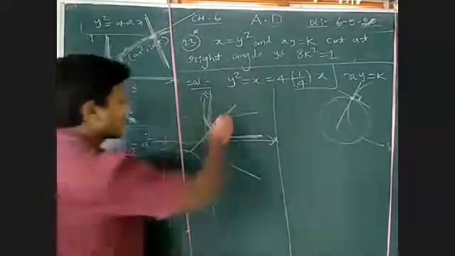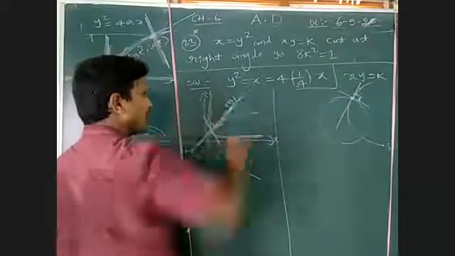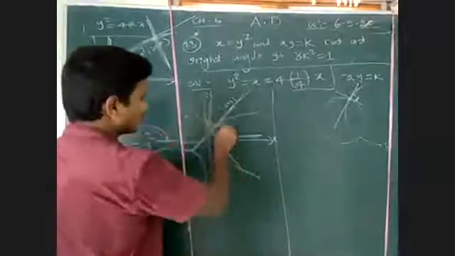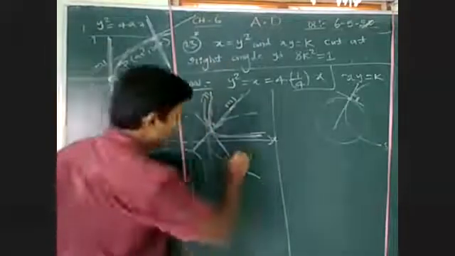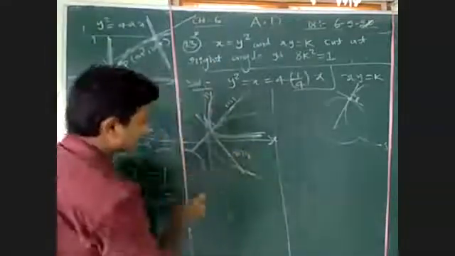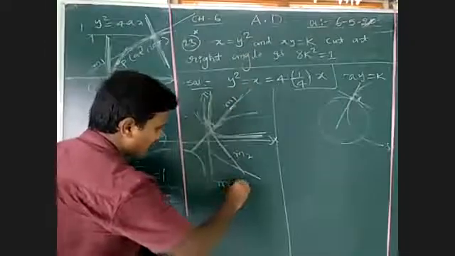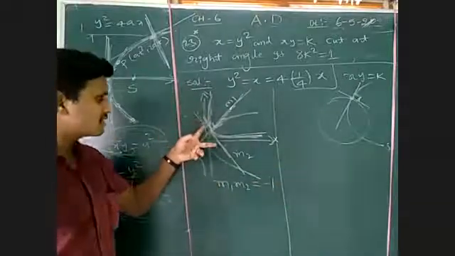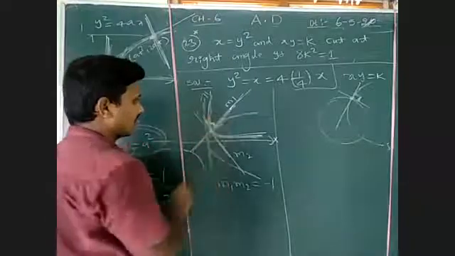Now we can find the slope of the tangent of the parabola, and the slope of the tangent of xy is equal to k. Let us call them m1 and m2. Since they have given that the curves cut at right angle, we can take m1 m2 is equal to -1, as their tangents intersect each other perpendicularly.